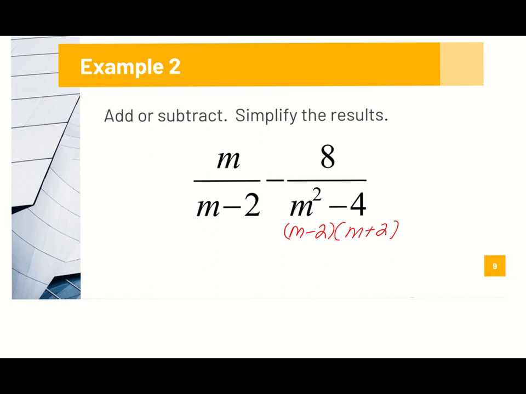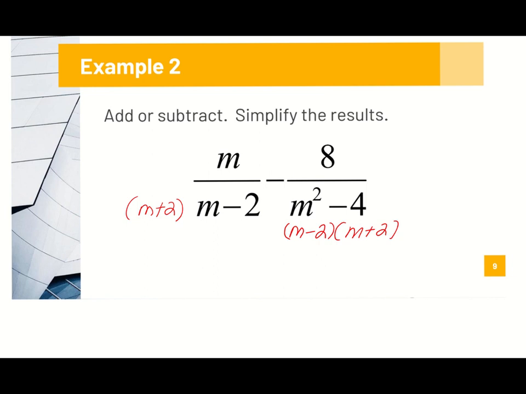So in order to get a common denominator, all I have to do is multiply the left fraction by what it's missing, what it doesn't have in common, which is m plus 2. Because now fraction 1 has a denominator of m plus 2, m minus 2, and fraction number 2 has a denominator of m minus 2, m plus 2.